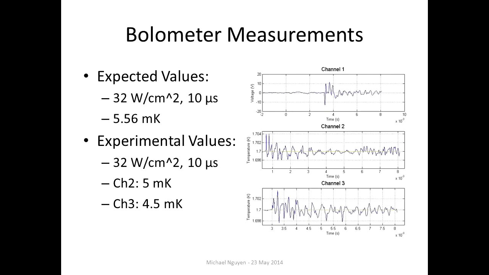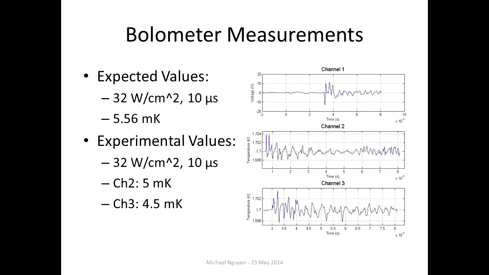To illustrate this calculation, we calculate the expected value of, let's say, a 32 watt per centimeter squared signal with a duration of 10 microseconds. Using those formulas above, we find that the delta T should be around 5.56 millikelvins.